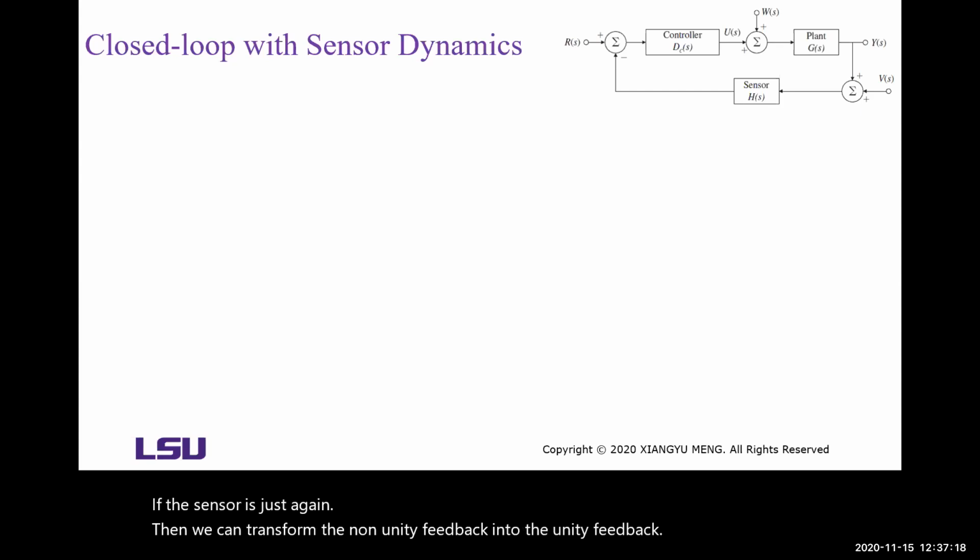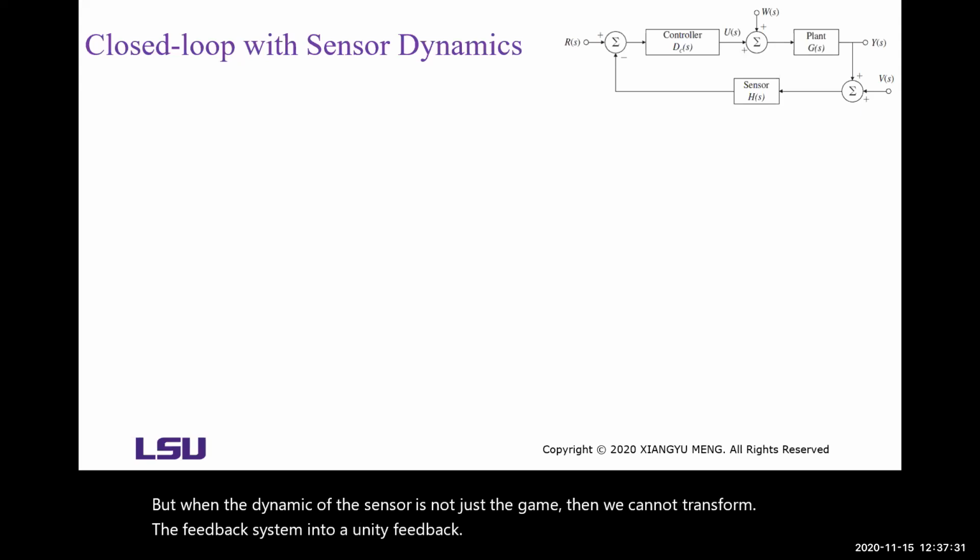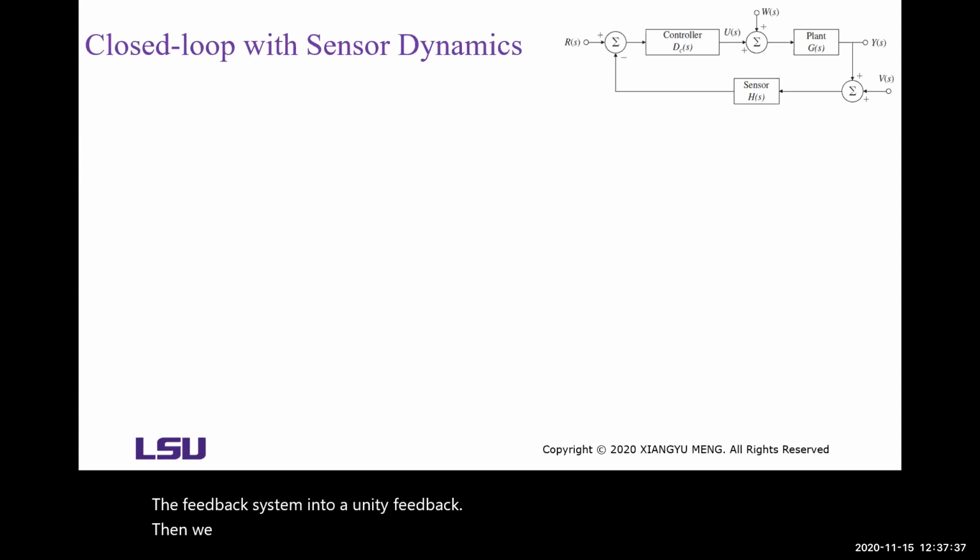But when the dynamic of the sensor is not just the gain, then we cannot transform the feedback system into a unity feedback. Then we will study, in this case, how we define the type of the system and the steady state tracking error.